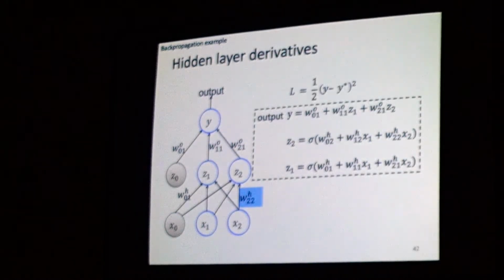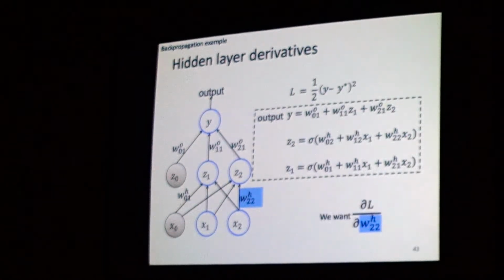Now let us look at a little bit more challenging case: how to compute partial L over partial W22H. How to do that? Follow the path. Can you be a little bit more detailed? First is the derivative over W210, and then W22H. Oh, you mean the derivative over W210?